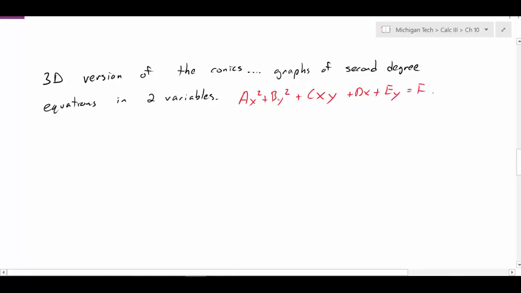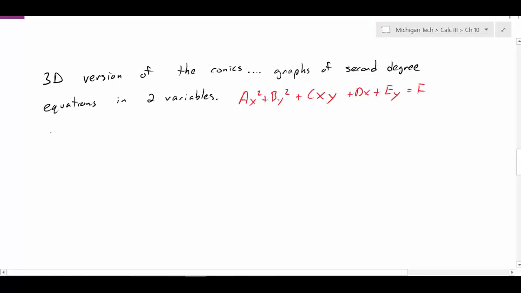And the idea is that a, b, c, d, e, f are just constants. But regardless of the value of these constants, we have this general form that could represent all of these second degree equations. And so depending on the values of a, b, c, d, e, and f, the signs and the values, they might lead to different curves that we're familiar with.